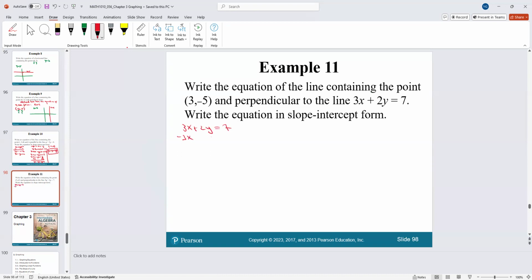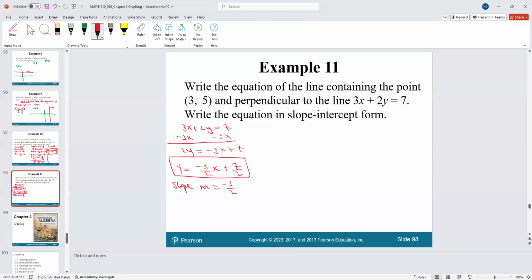Subtract 3x on both sides. We have 2y equals negative 3x plus 7. Divide everything by 2, so y equals negative 3/2 of x plus 7/2. This is the equation of the line. Remember here, the slope is negative 3/2.